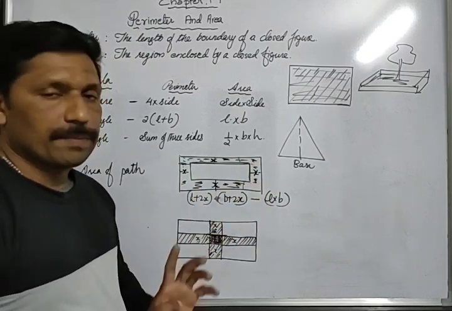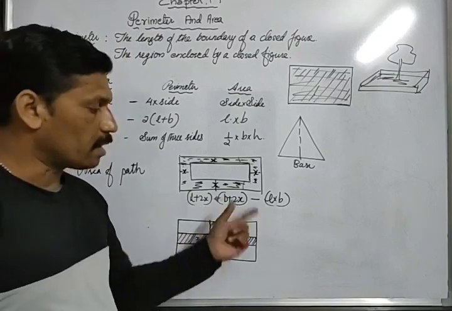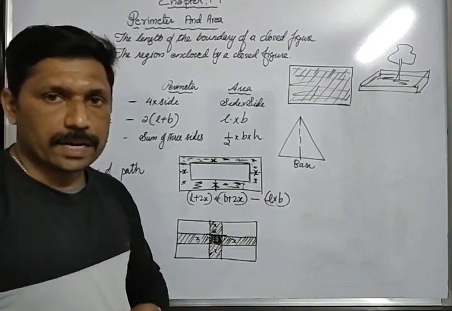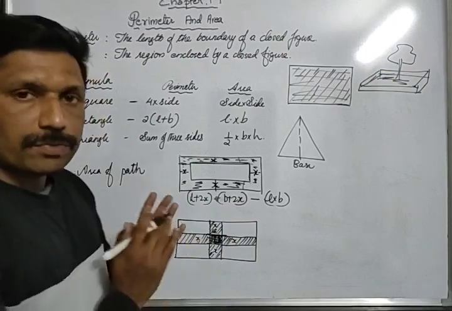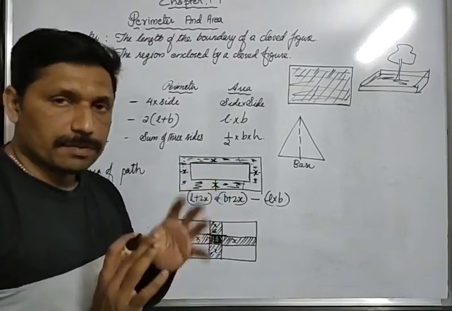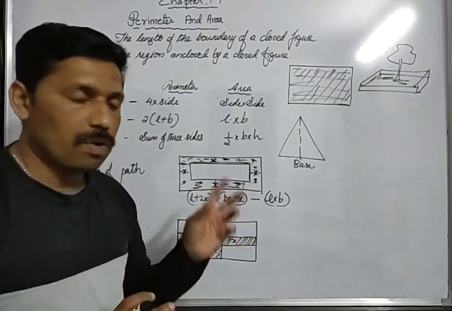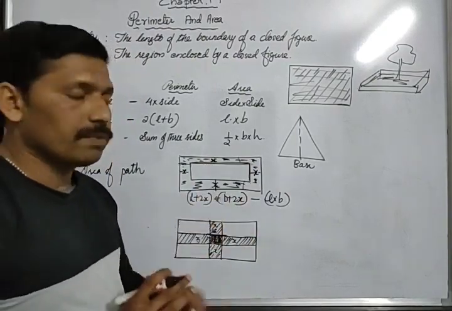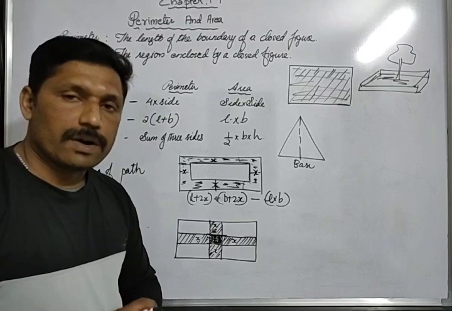If length and breadth we multiply, we get the area of the outer rectangle minus the area of the inner rectangle. So this is the formula to find out the area of the road. Suppose a park is surrounded by a road on all sides, then this formula we use to find out the area of the road.